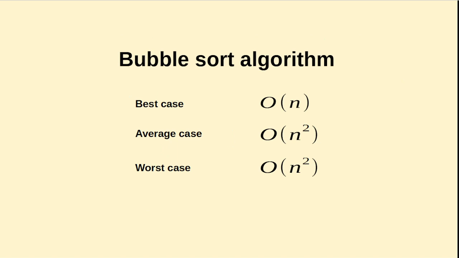So in the best case, which comes when we have an already sorted array passed into the algorithm, there is no need to swap in any case. In that case, we can make a small change in the program so that the external loop terminates after only one pass. So the amount of computation required in one pass will be big O n.